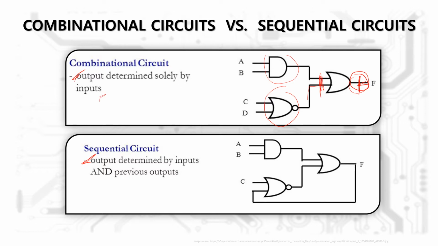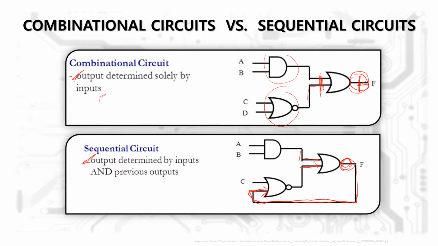But in a sequential circuit, see, here I am giving some input, here also I am giving some input, and I get some output. But this output becomes the input for the next phase or next cycle, right?